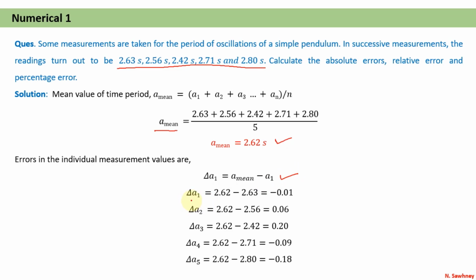So the error in the first measurement comes out to be 2.62 minus 2.63, it is minus 0.01. Then the error in the second measurement is calculated as 0.06. Error in the third measurement is calculated as 0.2. Then in the fourth one, minus 0.09. In the fifth, minus 0.18.